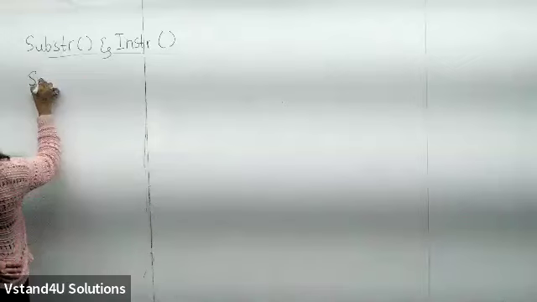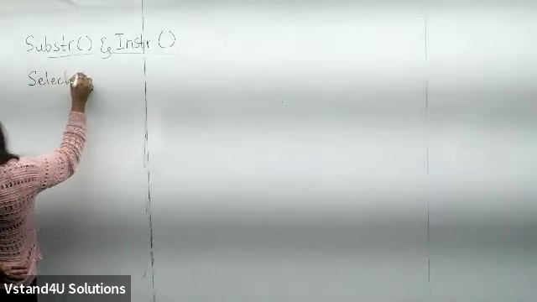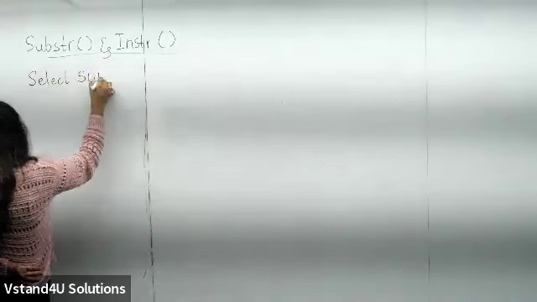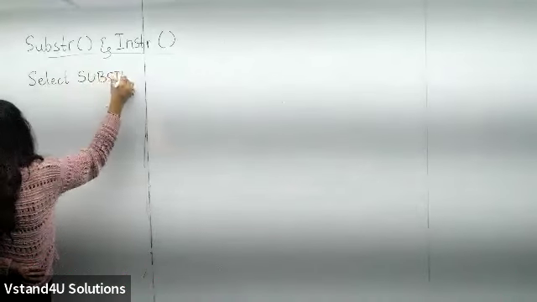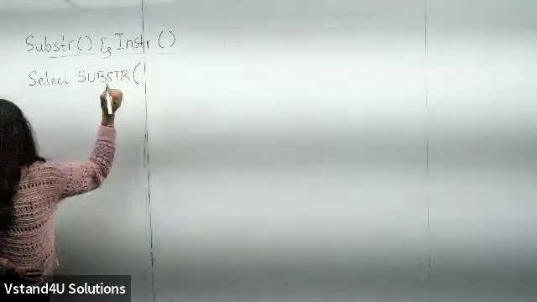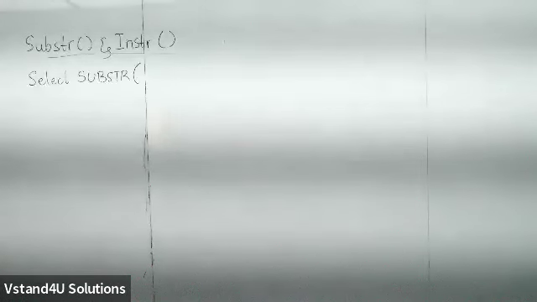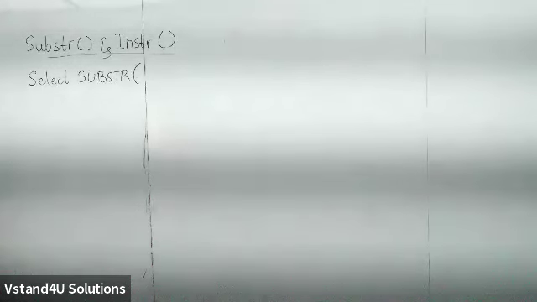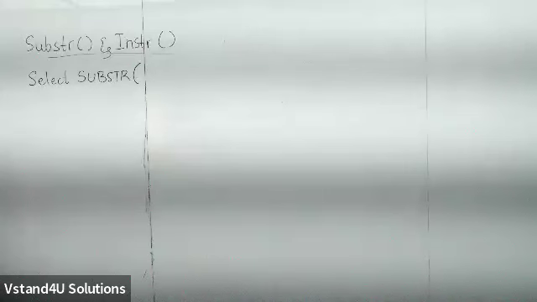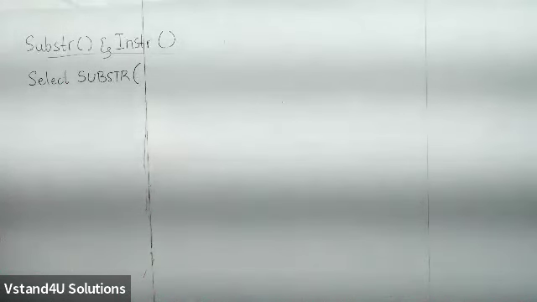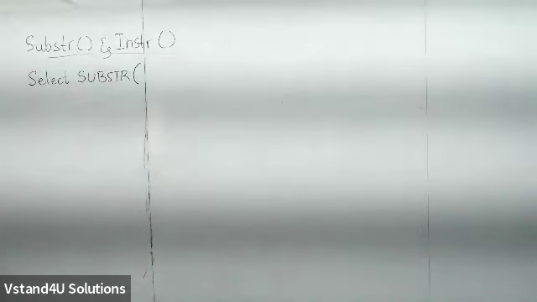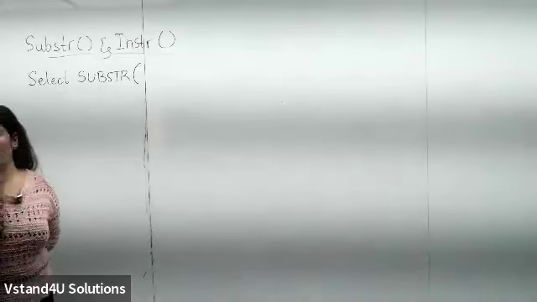So first, you have to select, since you are extracting something, correct? I will be using the substring function. So now what are they telling you to extract from that? First 10 characters. Remember, they are not just saying 10 characters. See, if they just give 10 characters, consider you have a hospital name, Victoria Hospital.